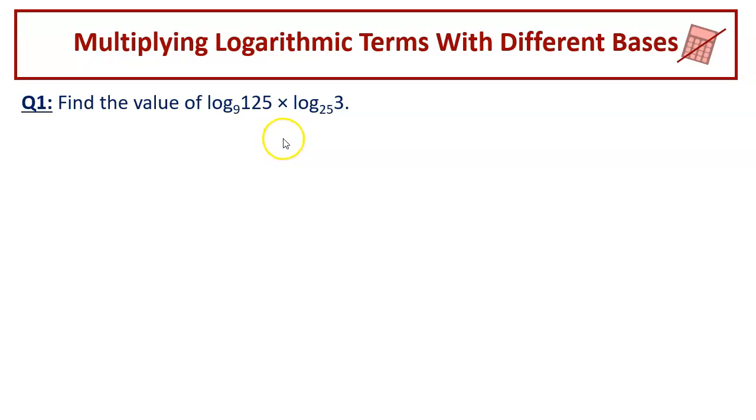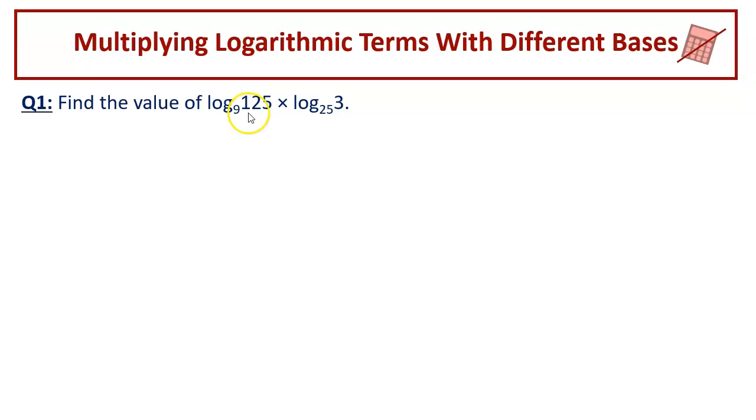But you have to choose the base carefully so that you do not need the calculator. This you have to keep in mind. You can take any number as the base, but you have to know the values of those logarithms without the calculator. Okay, this is important.